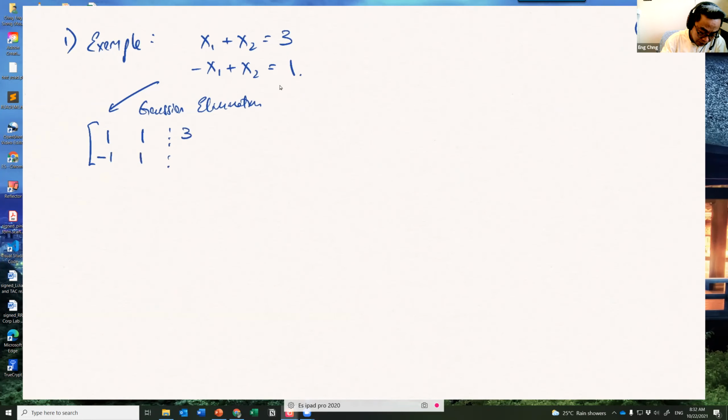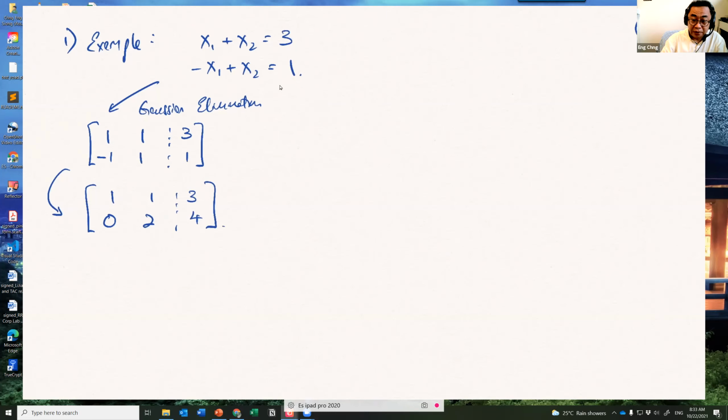Minus 1, 1, and 1. And by now we know how to do Gaussian elimination. So what we do is we just take the second row and add it to the first row so that we can get this entry to be 0. Adding the second row to the first row is 2, and then we have 4.